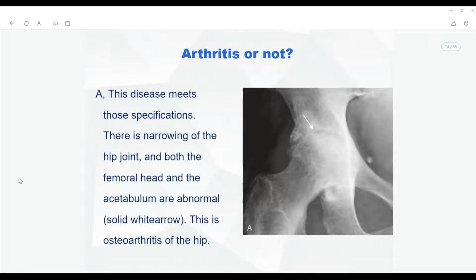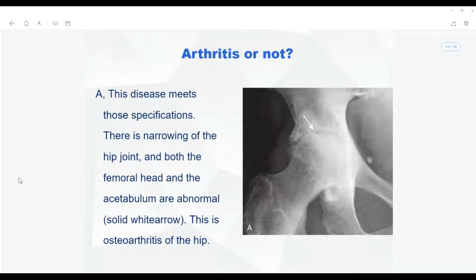We are trying to look at the right hip joint here, and we can obviously see that there is a narrowing of the space of the hip joint, which is formed by the acetabulum and the femoral head. There is a narrowing and reduction of the space that is present between the femoral head and the acetabulum.